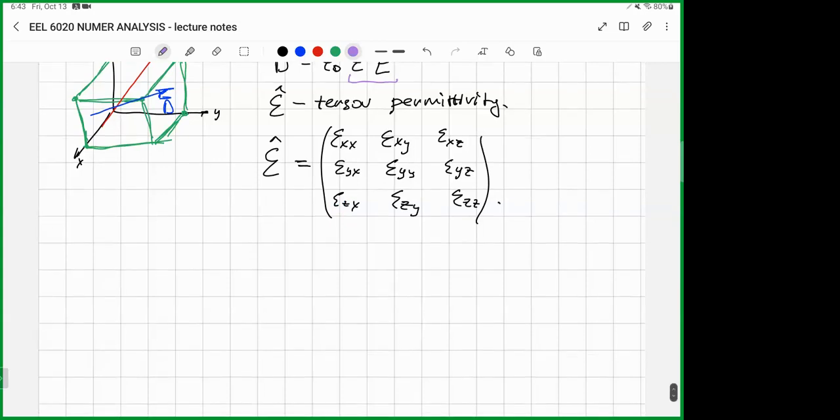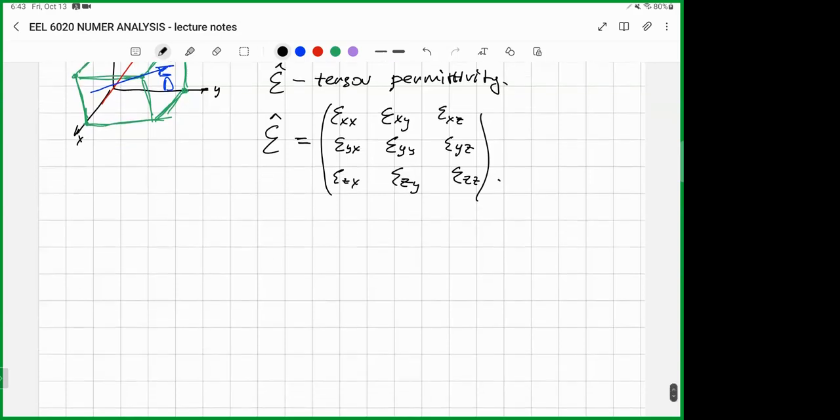But there is a theorem that says that any tensor like this can be transformed into the main axes of the tensor.